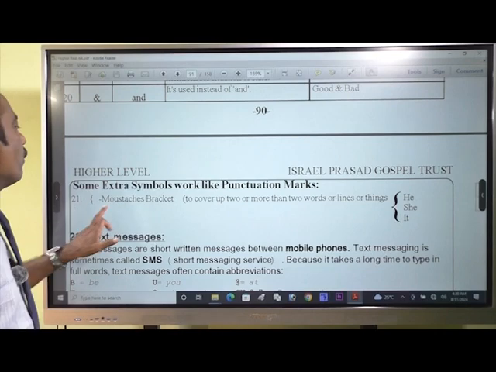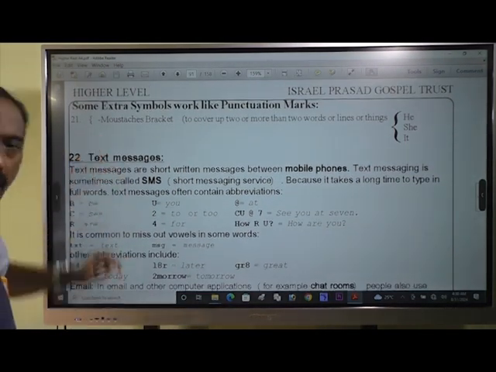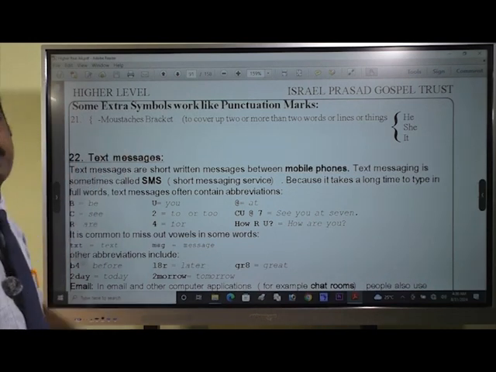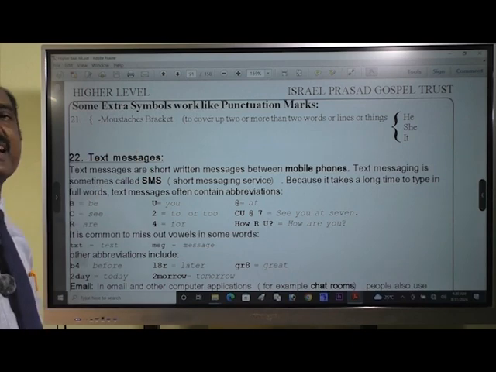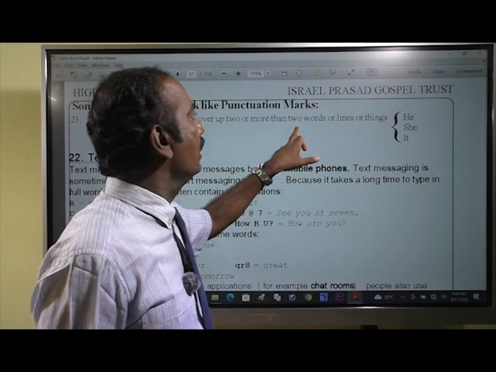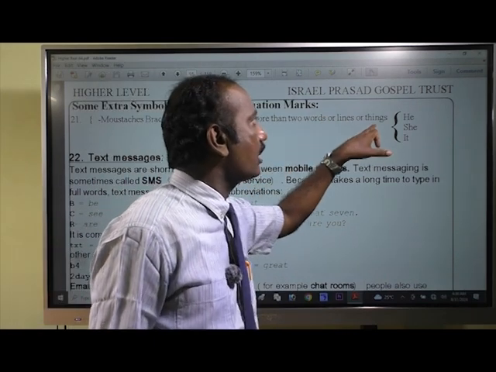In the same way, mustache brackets. In the beginning I said that mustache brackets are M-O-U-S-T-A-C-H-E-S, it is British spelling. M-U-S-T-A-C-H-E-S is USA spelling. They are used to cover two or more words or lines or things.